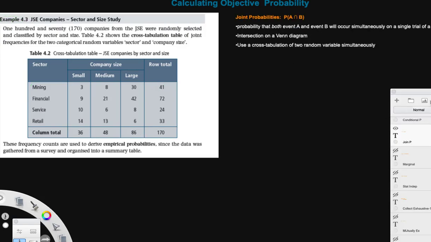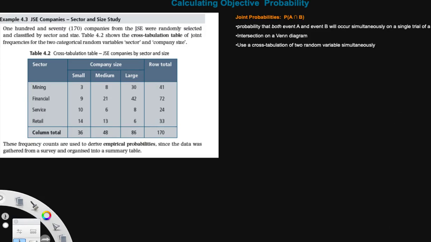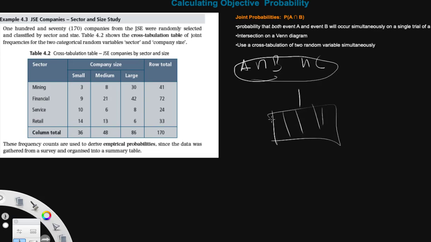So with joint probability, what we're looking at is the probability of two or more random variables occurring together in the data set or in a scenario. So let's say the probability of one event A and B, or even more, occurring together in one data set or one scenario.